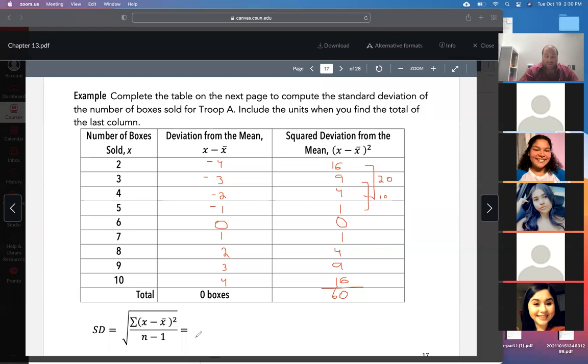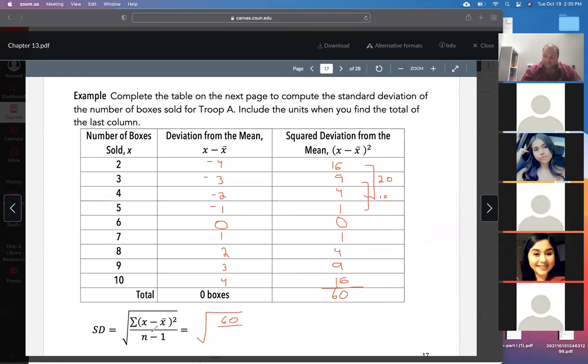So when I get to the standard deviation, I have the square root of 60, which is the sum of the squares, divided by what? Why 6 minus 1? What's n referring to? Not 10. 9.